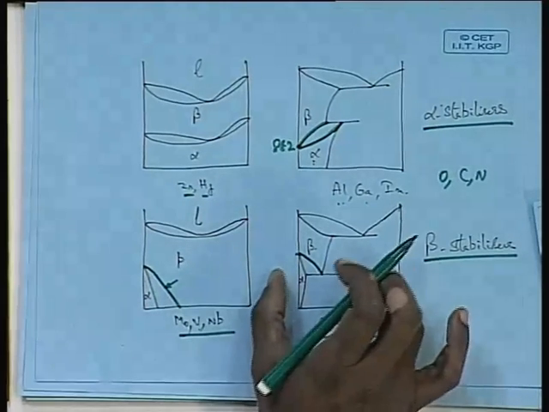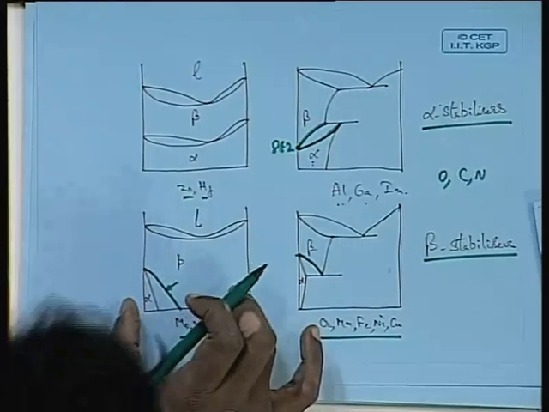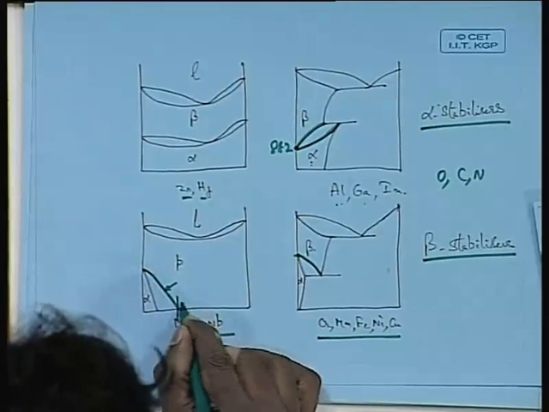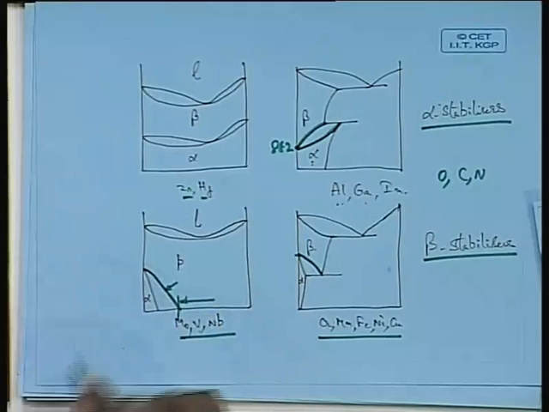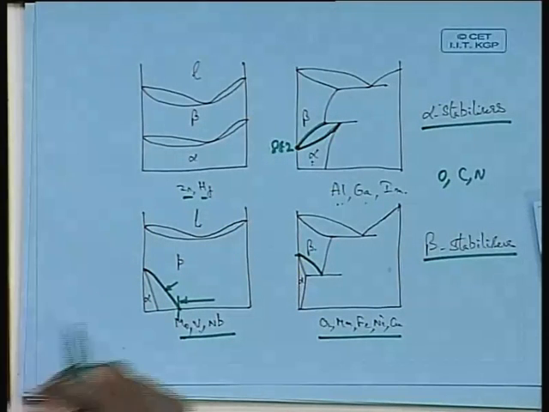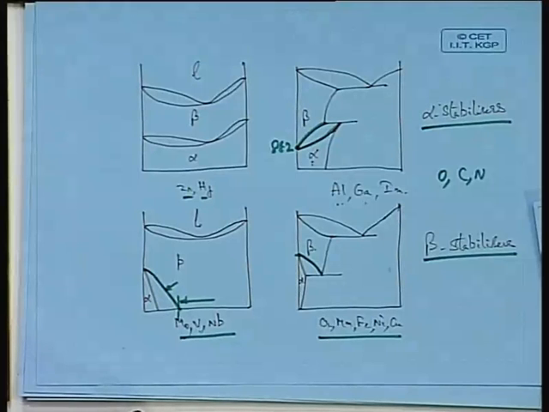And in fact this type of phase diagram is more useful than the previous type. If you have the previous type of phase diagram, beyond a certain amount you cannot do any heat treatment. These are all non-heat treatable alloys. Only below this you can do heat treatment. And there also you can have beta to alpha transition, nothing more than that.